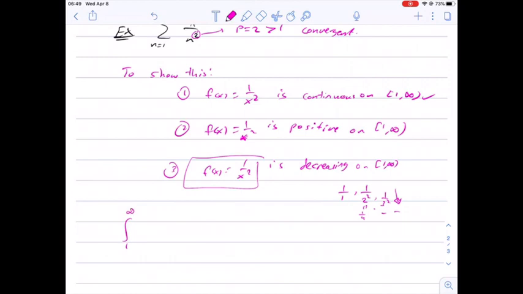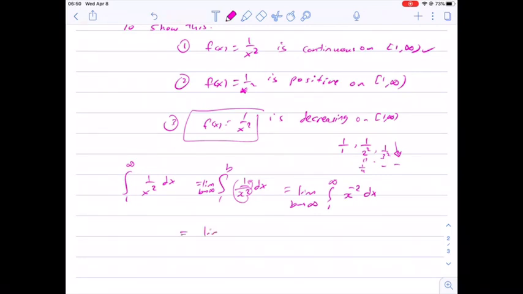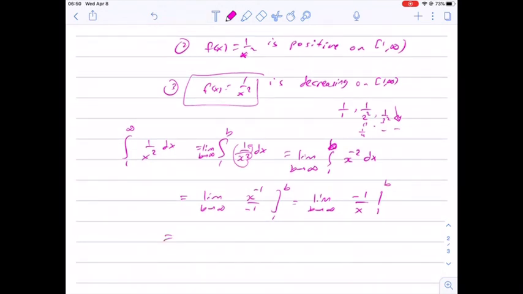Now we apply the improper integral. It's the integral from 1 to infinity of 1 over x squared dx. This is the integral from 1 to b, limit as b goes to infinity, of 1 over x squared dx. We can bring this up here and find this integral. So this is limit of -1 over x from 1 to b.